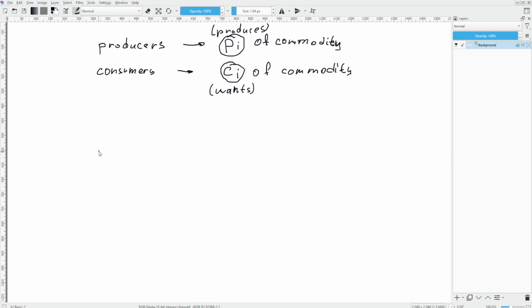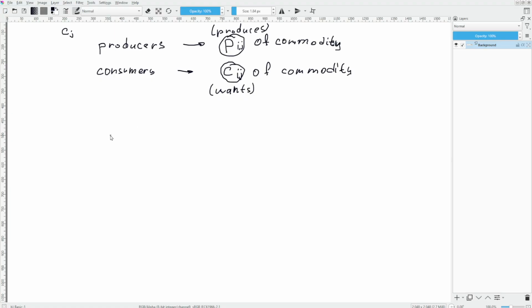But here is a tricky thing. For example, we can say that this is a commodity Cj. So we add the j, and let's just consider the production matrix.